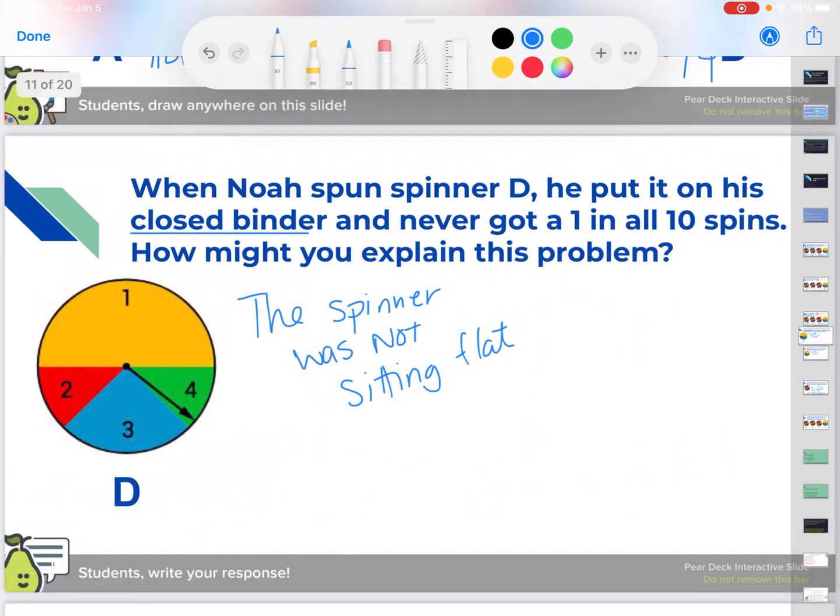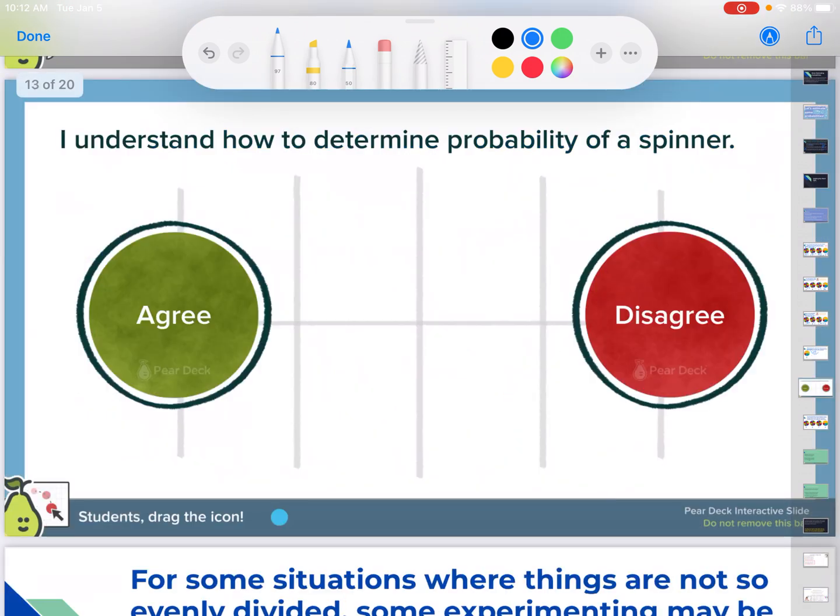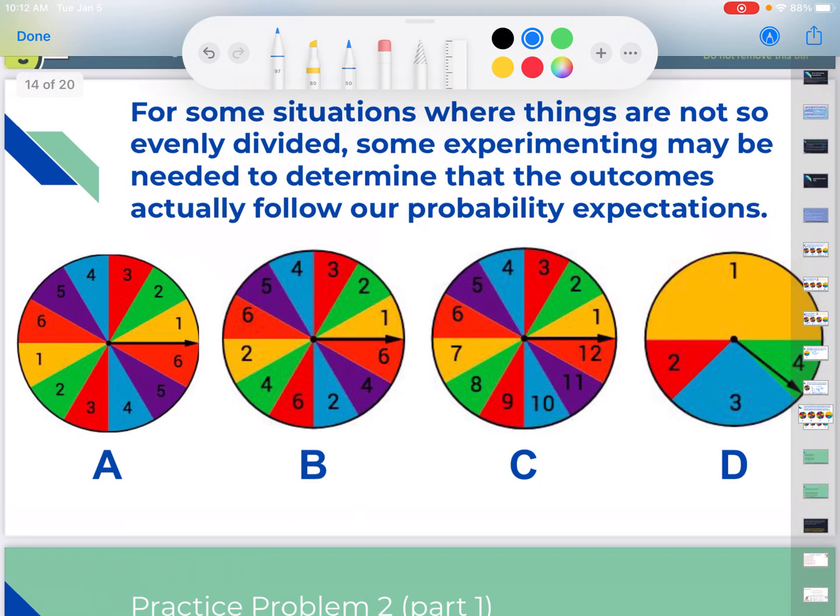All right, next one. So I understand how to determine the probability of a spinner. If you were doing this in Pear Deck, you would drag that dot somewhere in here. For some situations where things are not so evenly divided, some experimenting may be needed to determine the outcomes that actually follow our probability expectations.